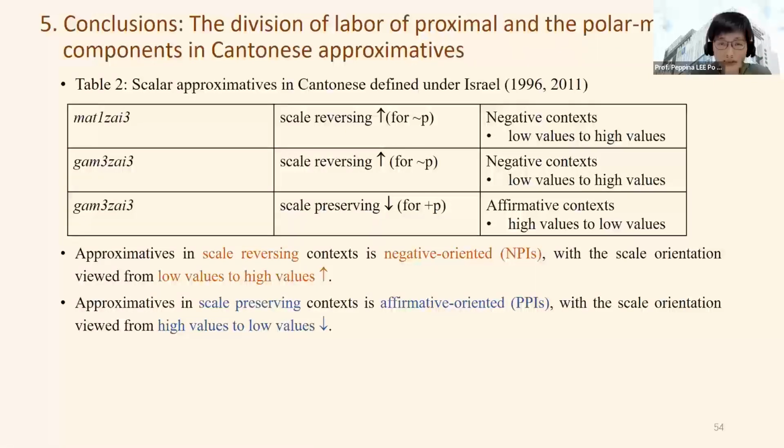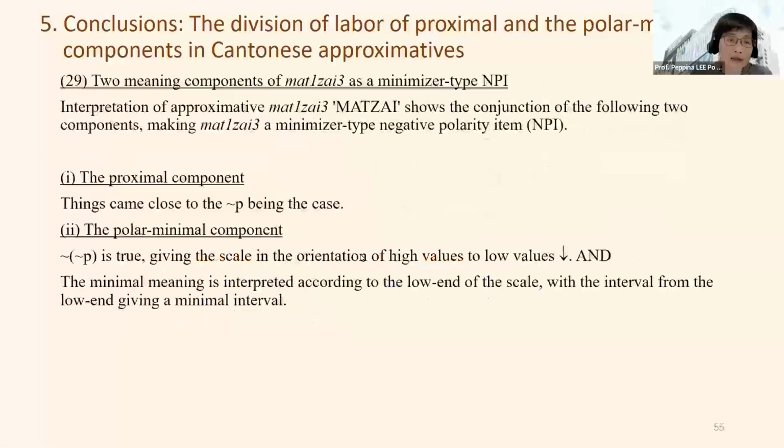In other words, regardless of what kind of reading is given by gamzai and matzai, everything has to go back to what they want in terms of scalar interpretation. So after they select either a negative P, for matzai, a negative P; for the case of gamzai, either negative P or plus P, then eventually the polar and then the minimal component will come into play.